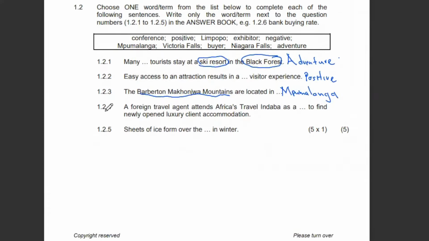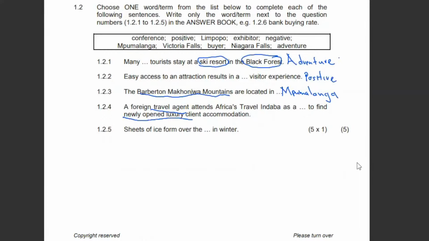Then the next question reads 1.2.4. A foreign travel agent attends Africa's Travel Indaba as a what, to find a newly opened luxury client accommodation. So the fact that this one is a travel agent, why is he traveling to the Travel Indaba?